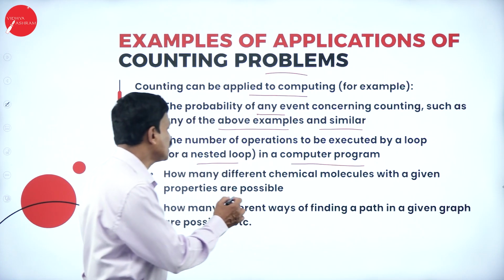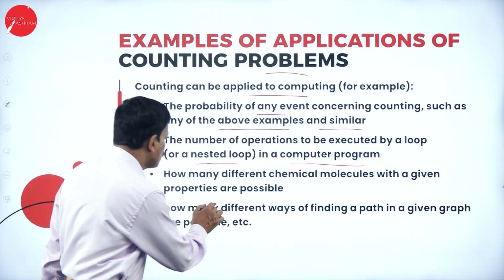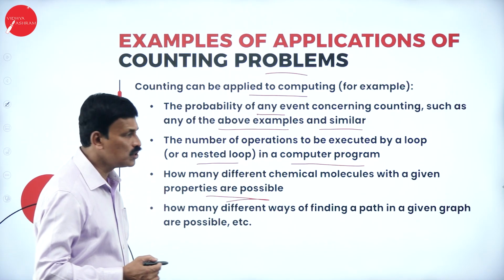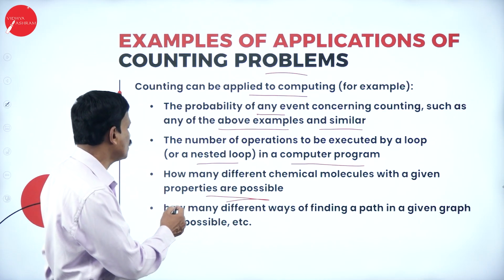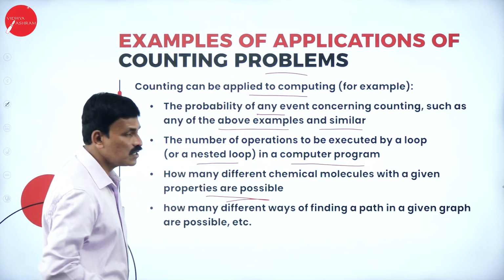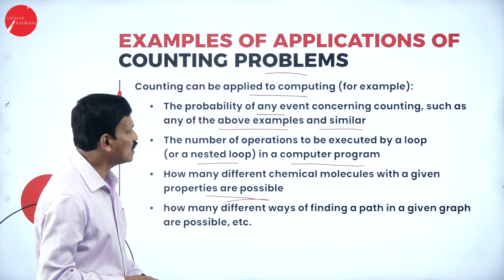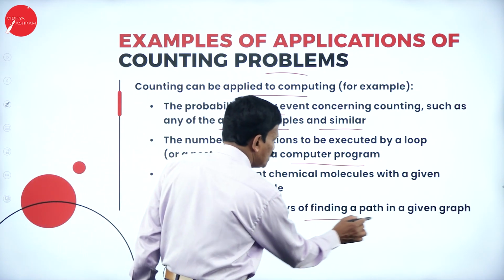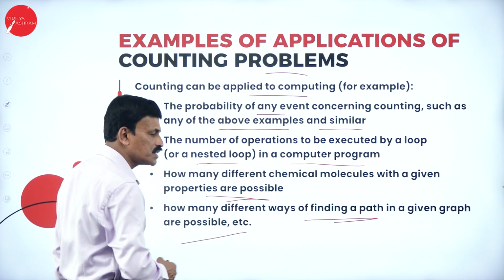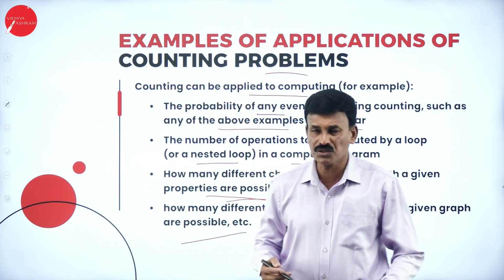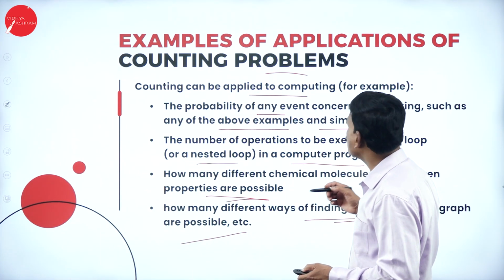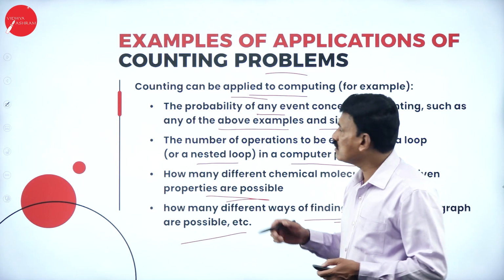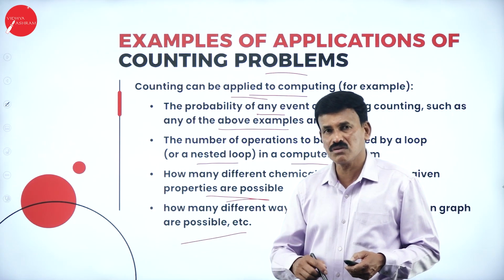How many different chemical molecules with given properties are possible can also be explained with counting. And how many different ways of finding a path in a given graph are possible can also be determined with the help of counting. So these are a few examples where we are using the principles of counting. These are the fields where we use the principles of counting.